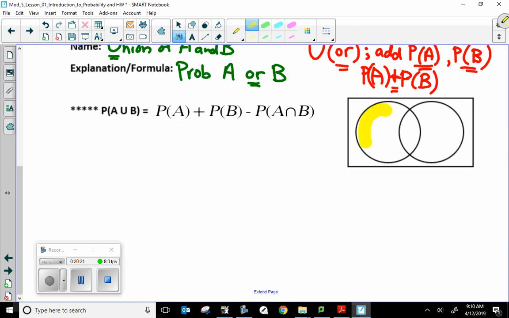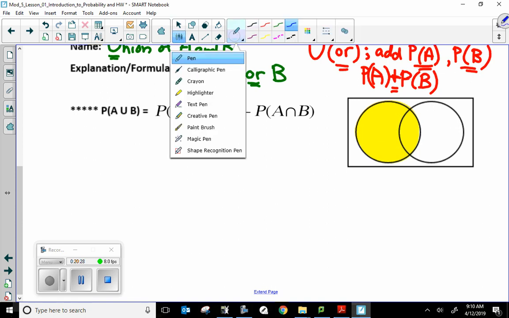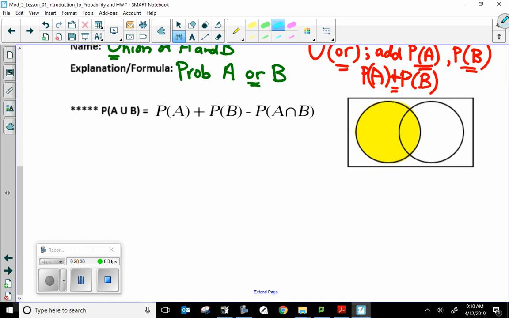Let's say this is the probability of A. We're going to bring in a Venn diagram here. This is the probability of A. And now let's say this is the probability of B. Let's say that there are 10 kids in here, and let's say that there are 12 kids in here.